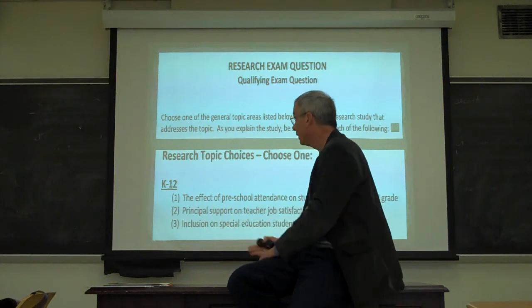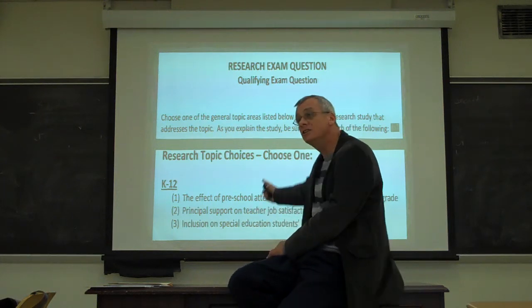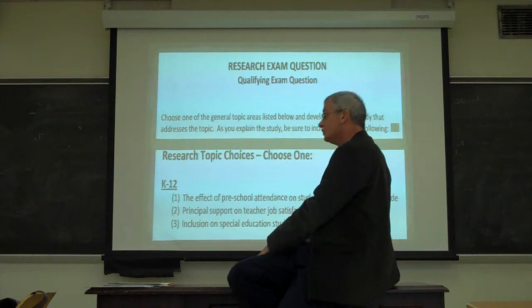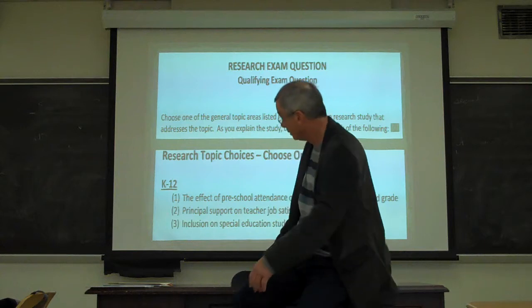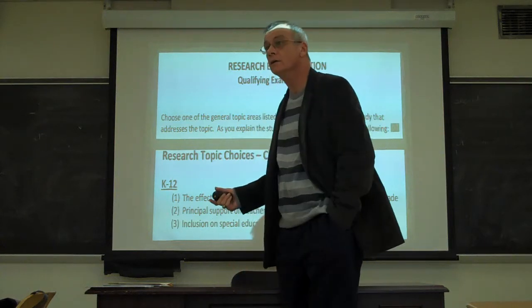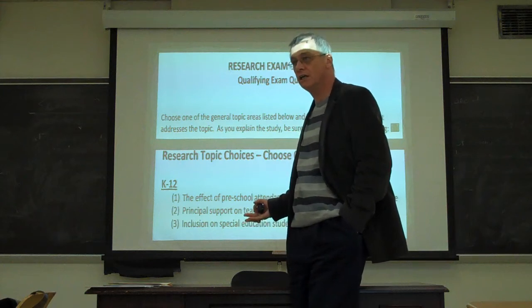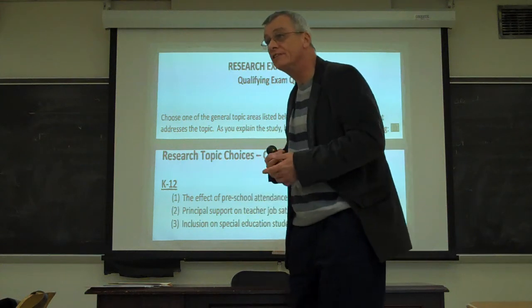And then you develop a research question. With this one, it could simply be, what are the effects of preschool attendance on student learning in the 3rd grade? So we didn't have to do too much to this prompt to create a research question out of it. Now, it could be more specific.